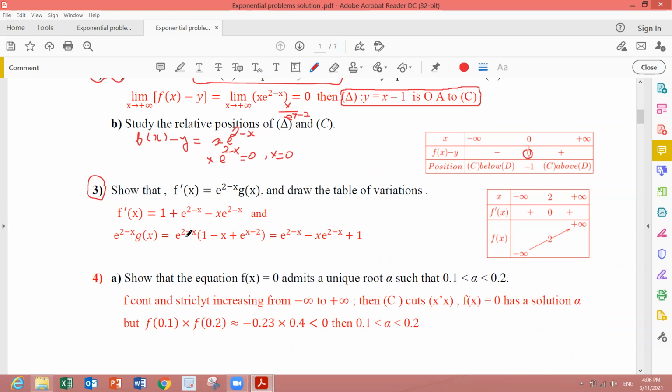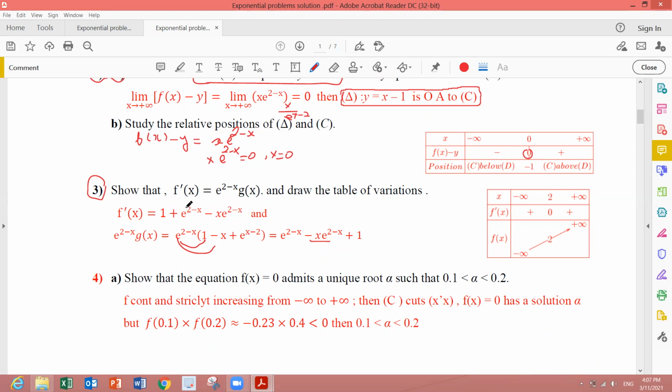It will be e to the power 2 minus x times g(x), which is 1 minus x plus e power x minus 2. If we expand, e power 2 minus x times e to the power x minus 2 becomes e to the 0, which is 1.